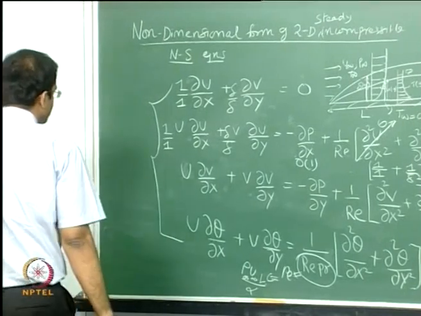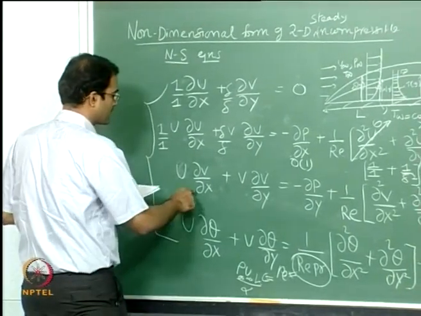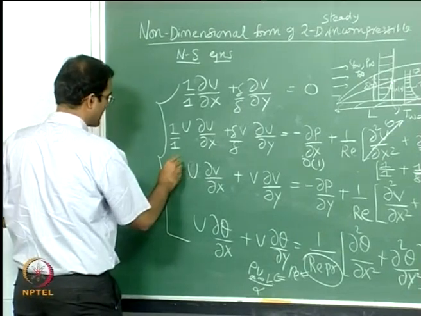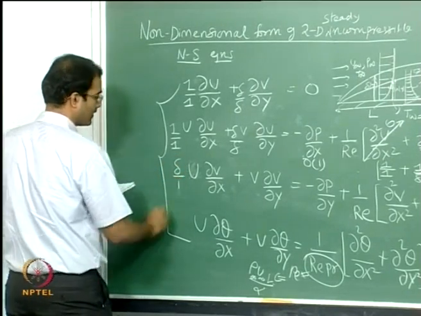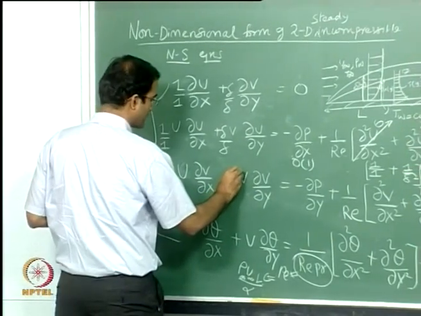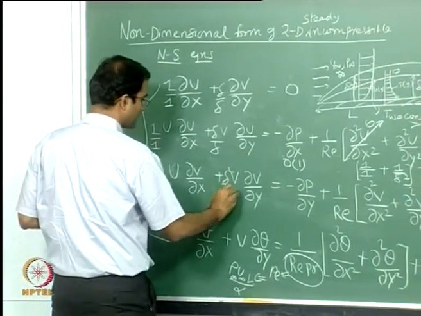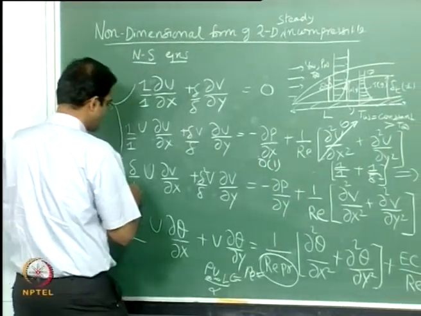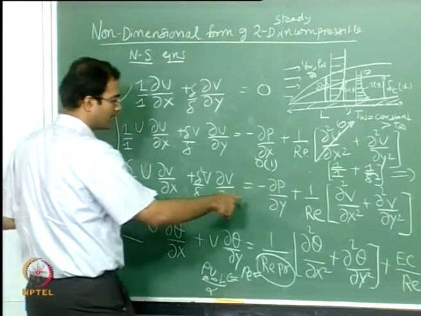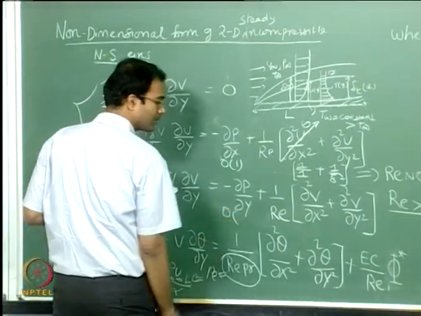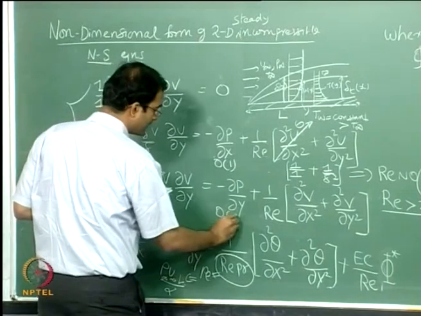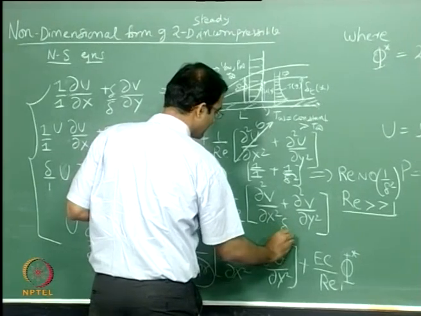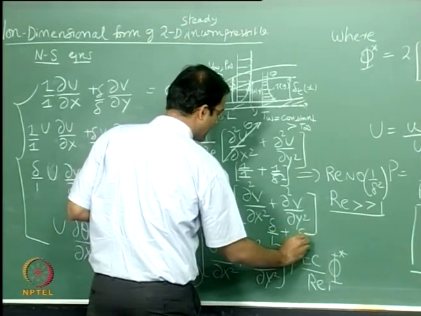Now coming to the second, the y momentum equation. What is the order of this? Delta by 1, and this delta square by delta. You can see this is of the order delta and delta, therefore this should be of the order delta. Coming to these two terms, this is delta by 1 plus delta by delta square.